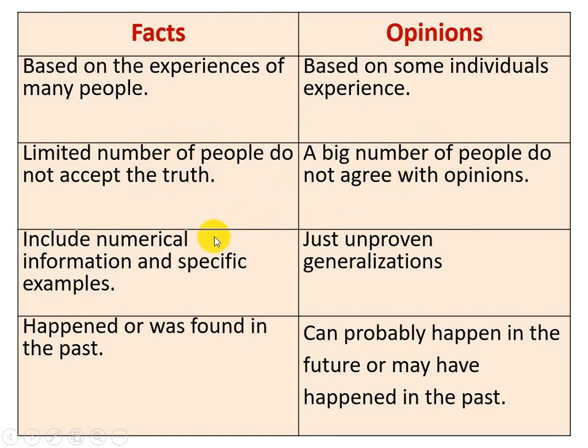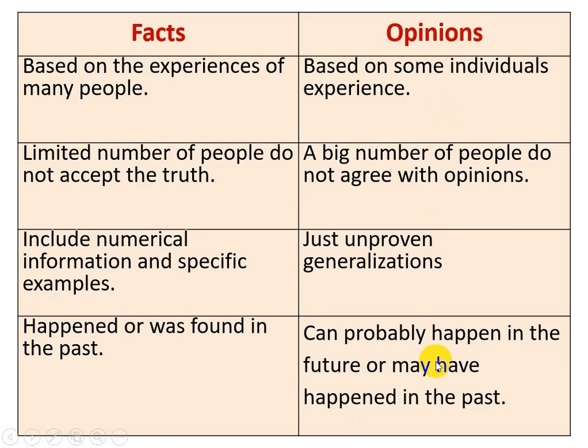Facts can include numerical information and specific examples, while opinions are just unproven generalizations, and they are subjective, as we stated before. Facts are something established or settled because they happened or were found in the past. So they are agreed upon, established, and settled in the minds of people.